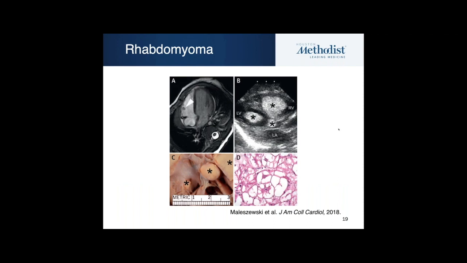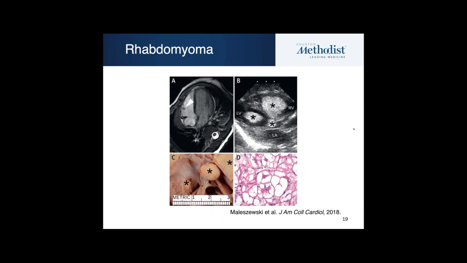Rhabdomyoma is a common tumor of the pediatric population. It has its own significant characteristics, including on echocardiogram. You'll often see an association with the disease tuberous sclerosis, a genetic disorder associated with seizures and autism.